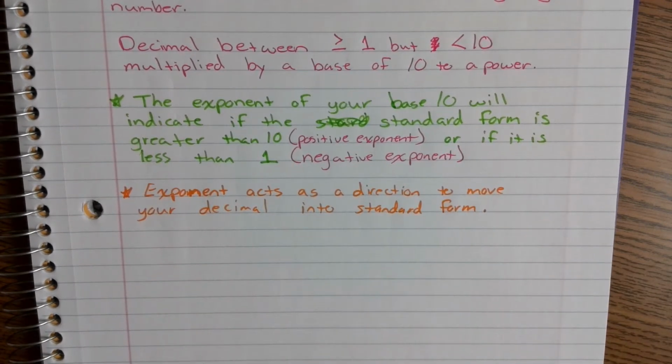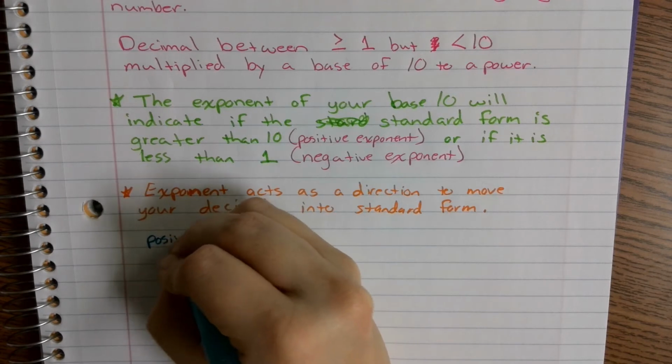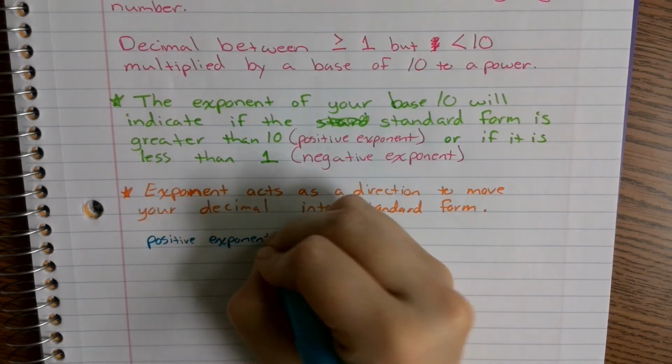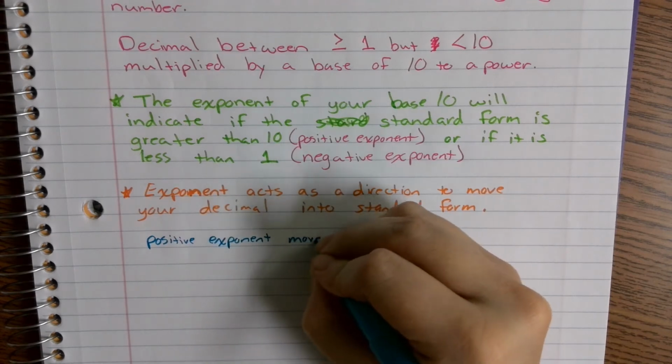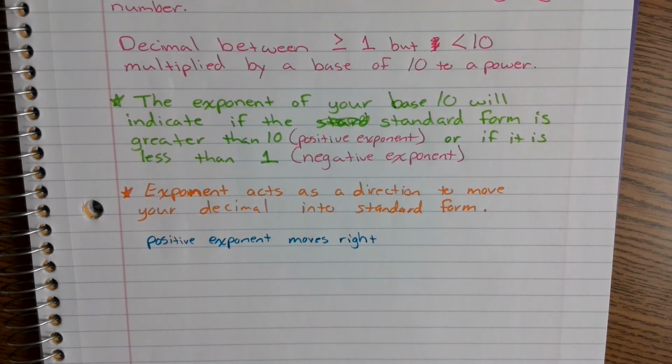So if you think about it, a positive exponent is going to move in what direction? Very good. A positive exponent moves it to the right. A negative exponent moves it to the left.